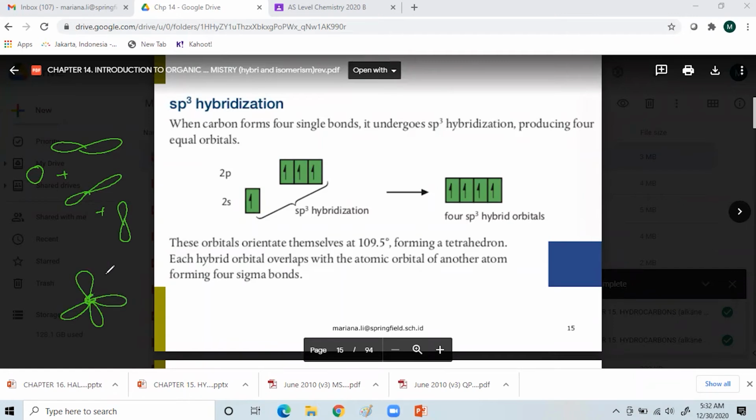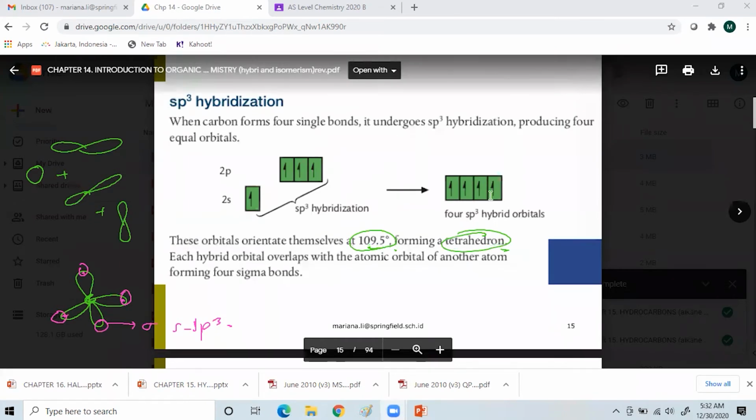This is carbon, and the bond angle is 109.5 degrees, tetrahedral. Later on, the s orbitals of hydrogen will overlap with these to make a sigma bond between the s orbital and the sp3 orbital. Its loop contains electrons because this is the overlapping process. This is how we represent sp3 hybridization.